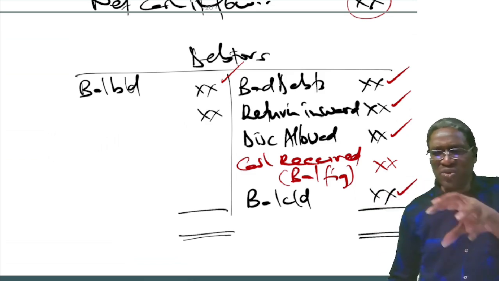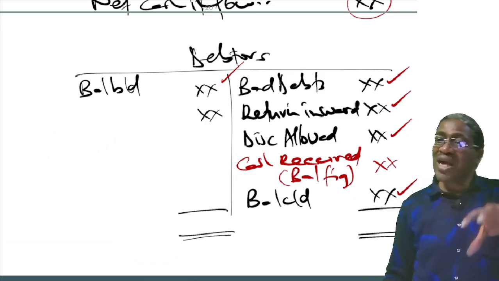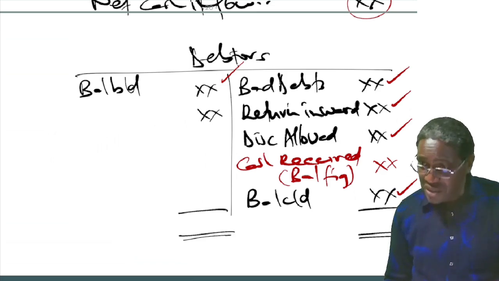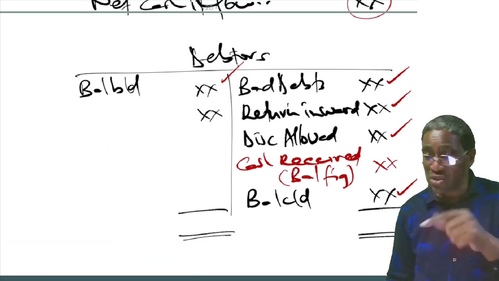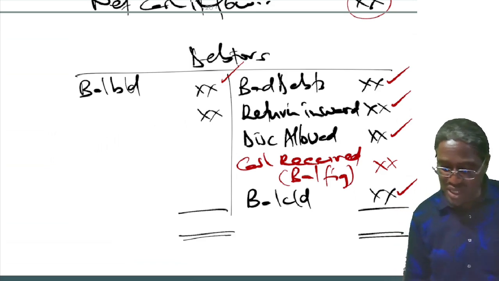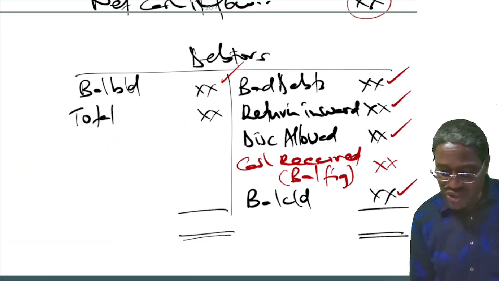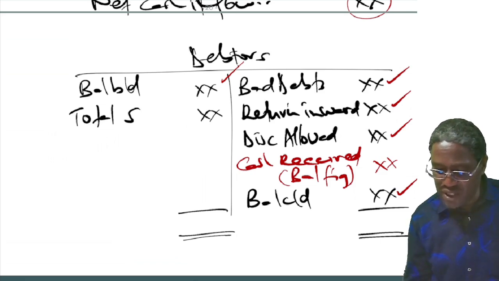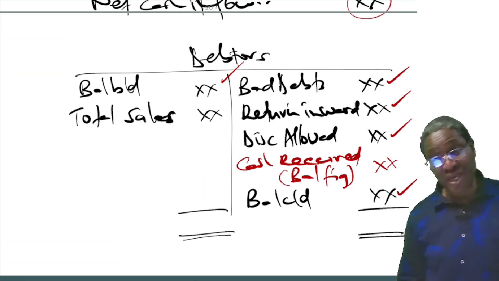But I want to determine the cash received from all our customers, not just debtors. And therefore we have concluded by saying you now use the total sales. Go to the income statement for that company. Whatever they are giving you as the total sales, you pick it.